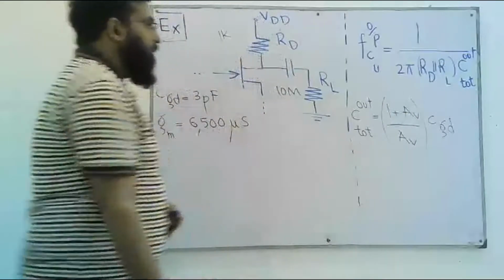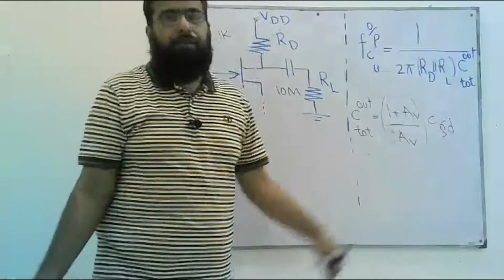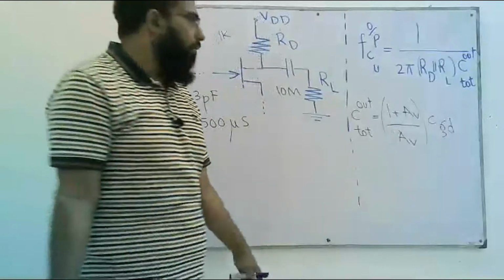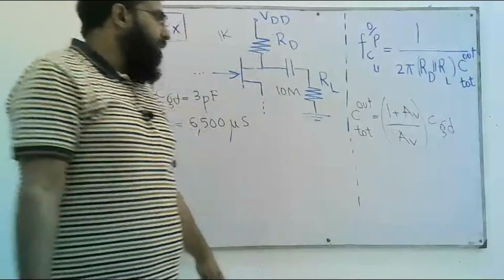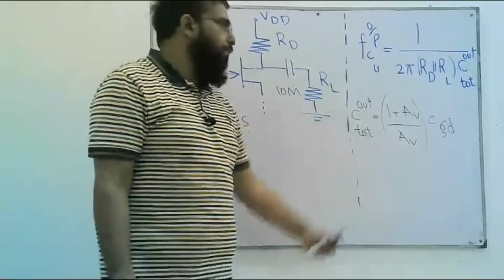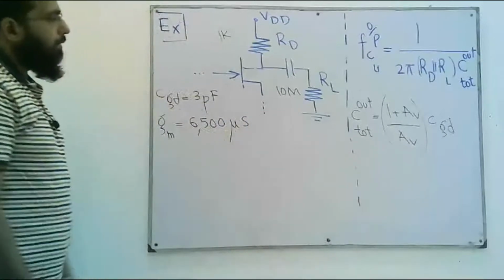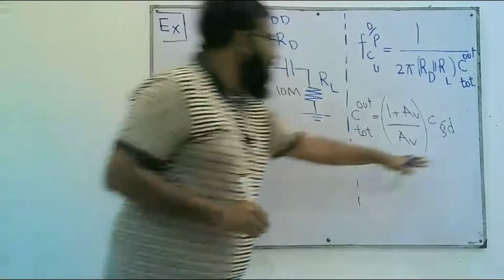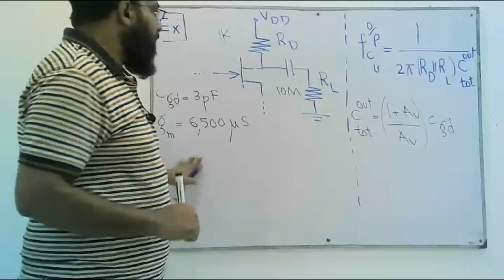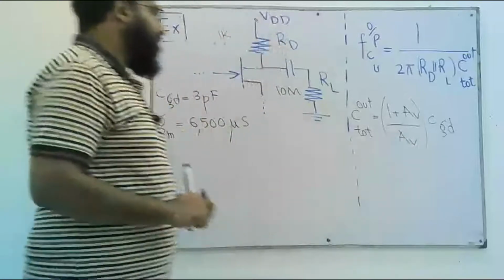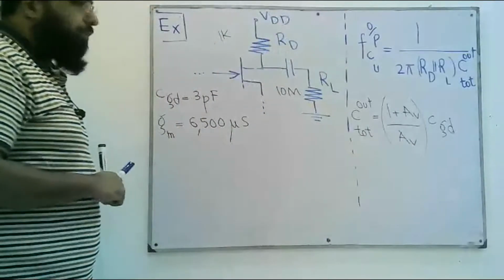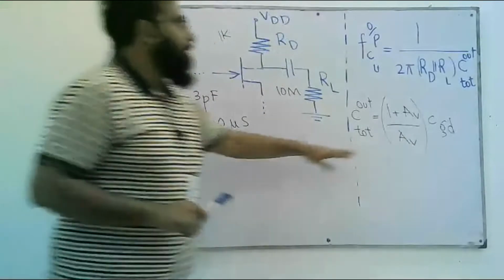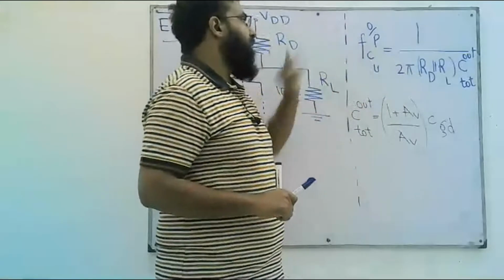So now we know CGT, but the only unknown is AV. If we know AV, we can plug these values in this expression and find FCU.